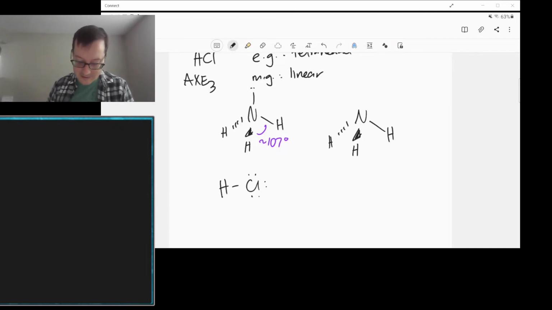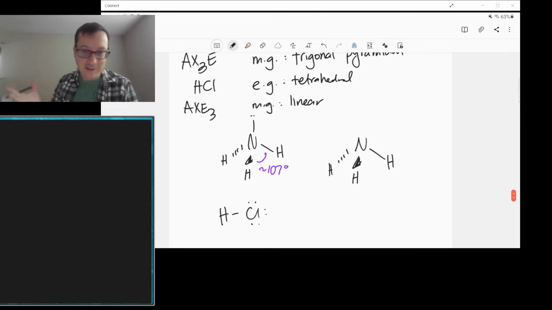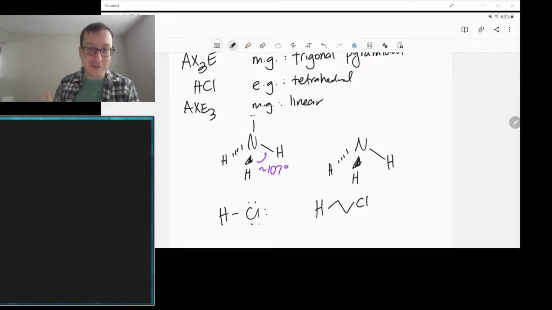So we still would say it's about 180 degrees, even though there's not really an angle here. So we just call it linear, right? It's two things, 2 points. All you can do is make a line with them. If you had more points, you could make a bent shape or a trigonal pyramid.